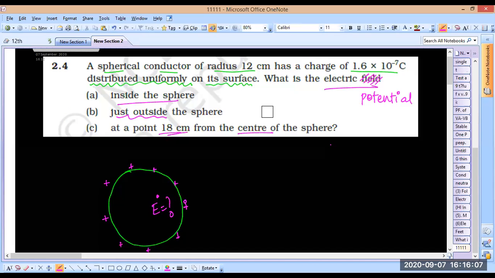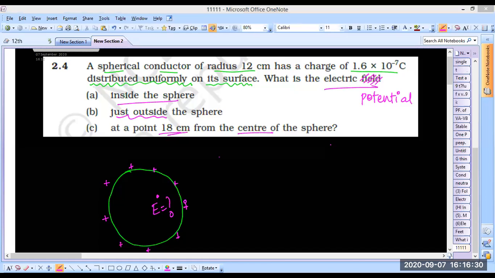Instead of field, we are going to do it for potential. The original question is homework, everyone. You have to do it on your own. Right?